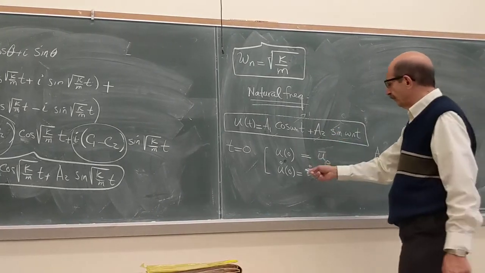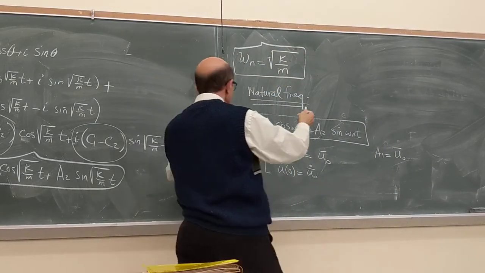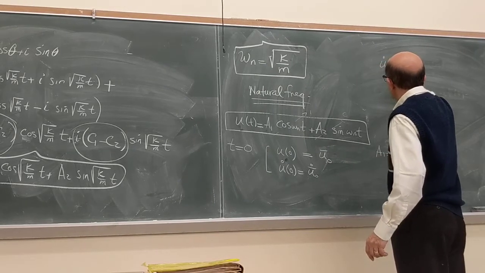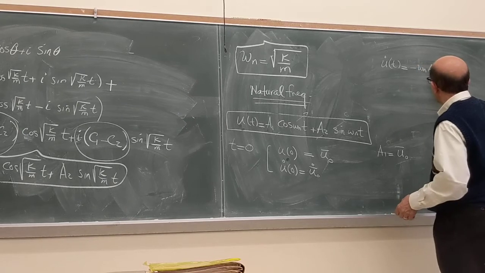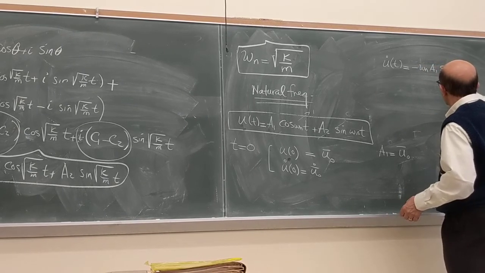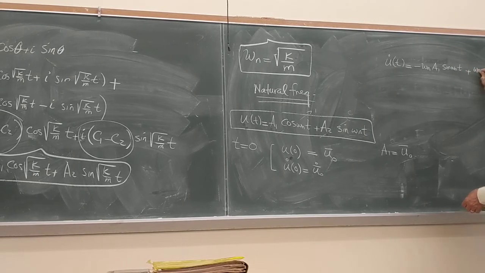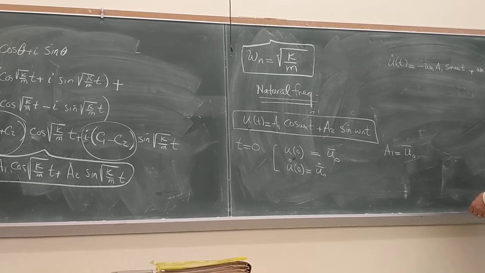And if you take the derivative of this, maybe I do that quickly. If you take the derivative at time t, you have negative omega n A1 sine omega n t plus omega n A2 cosine omega n t.